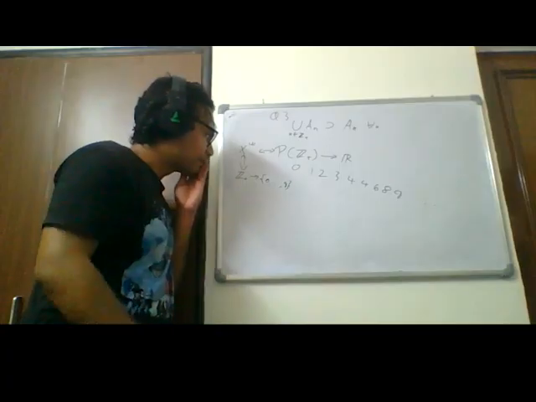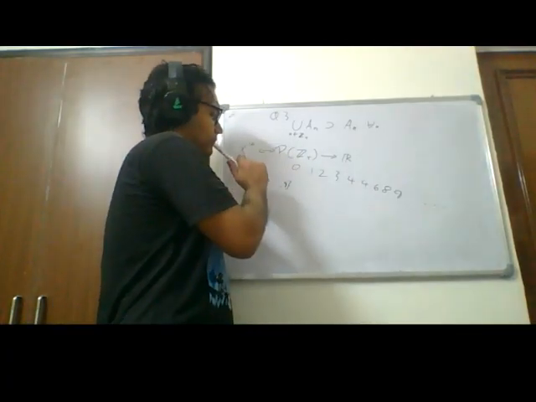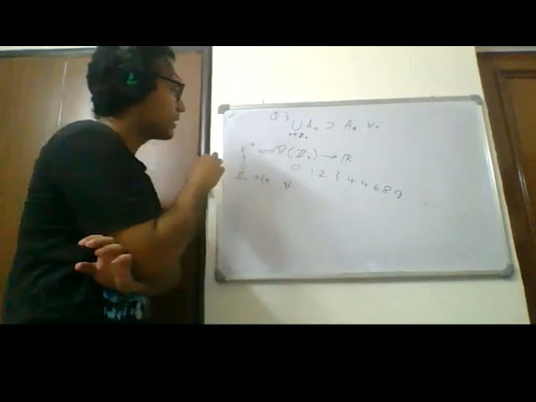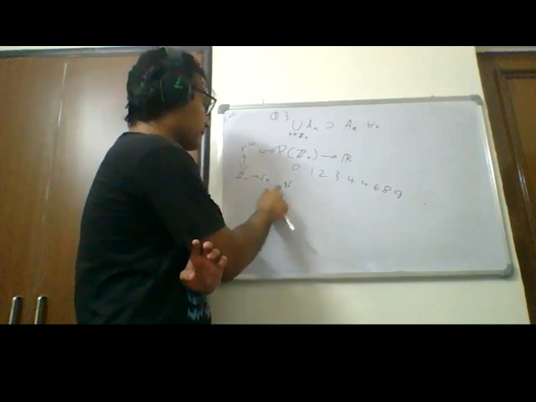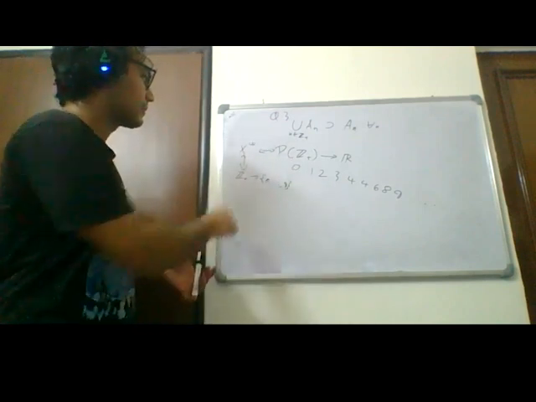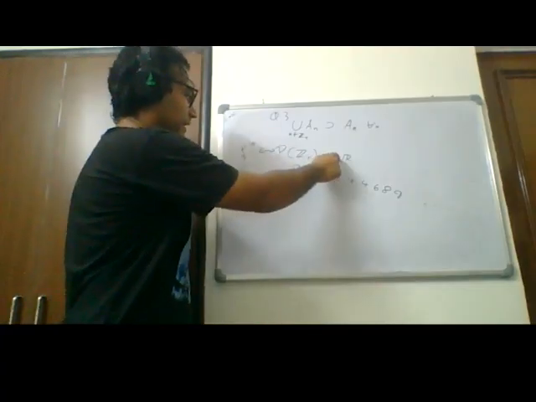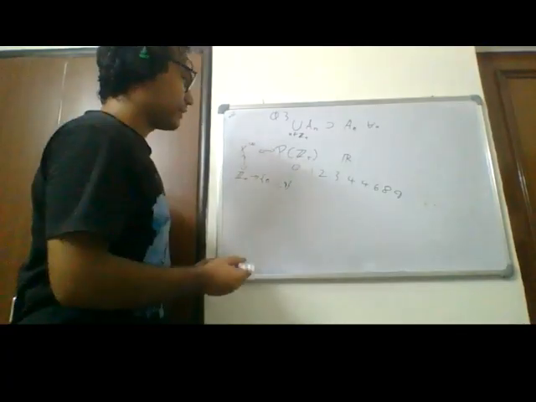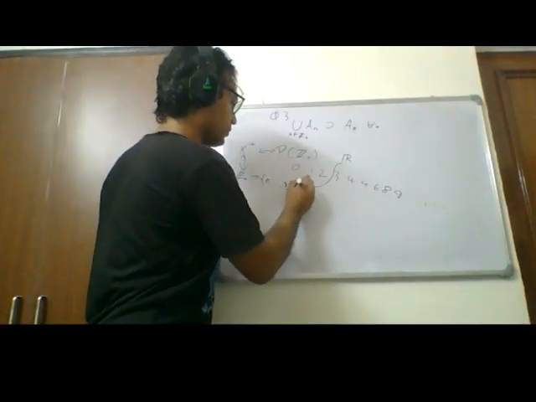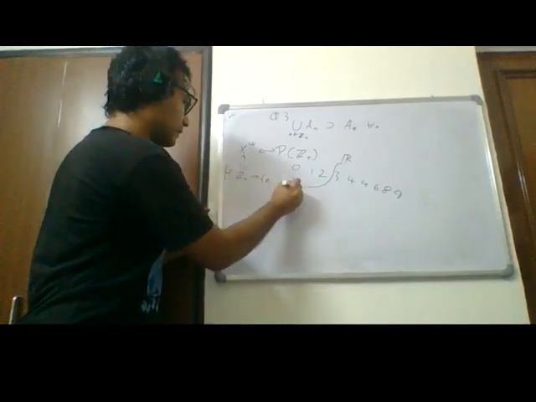Okay, so are we almost done? Let's see. If this is agreed upon, then all I need to find is an injective function from R to this set of all functions, right?